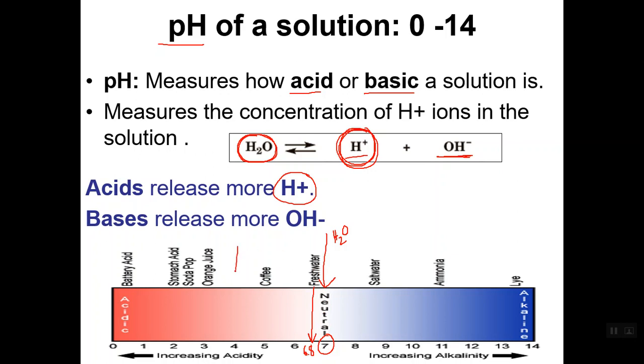Things that have a higher concentration of hydrogen ions include coffee, which is why it's acidic. It's also why it can damage your teeth. Your fruit juices, your citrus juices. So any kind of citrus juice, including orange juice, is acidic.